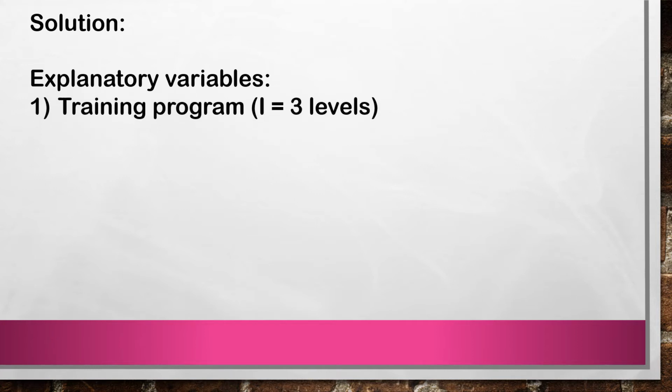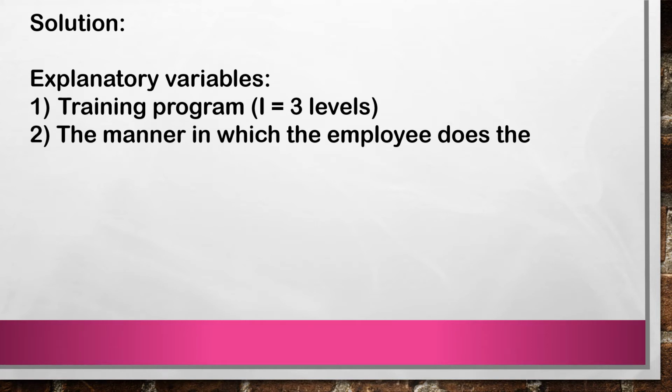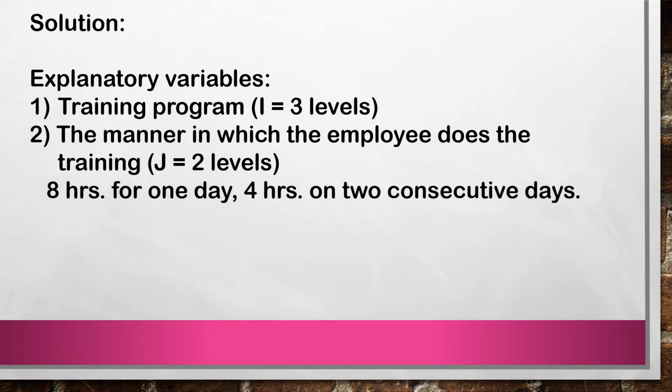Solution. Explanatory variables. Number 1, the training program: the quantity I is equal to 3 levels. Number 2, the manner in which the employees do the training: the quantity J is equal to 2 levels, for 8 hours on 1 day or 4 hours on 2 consecutive days.